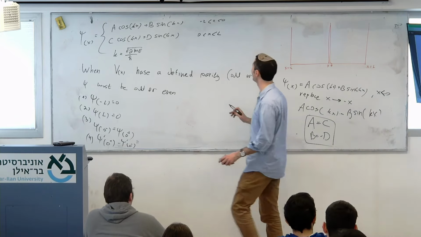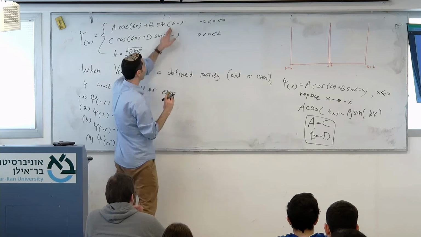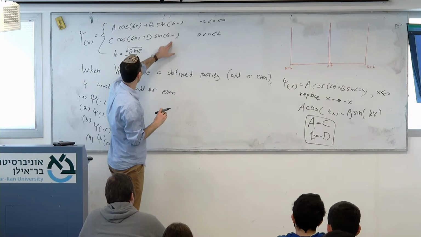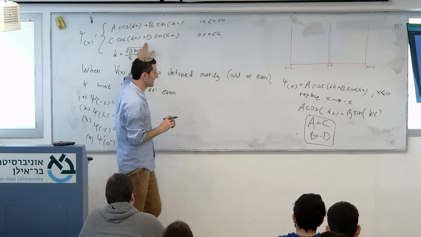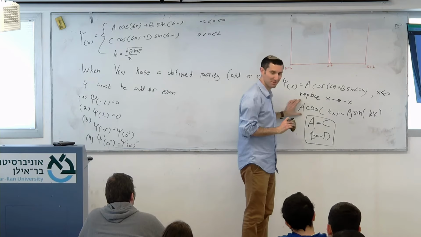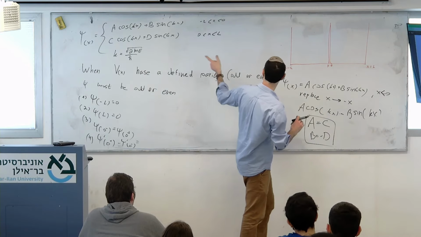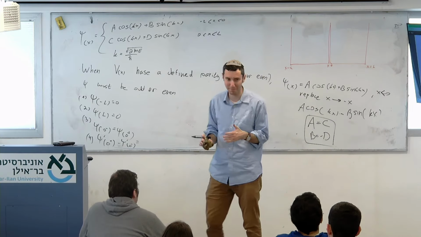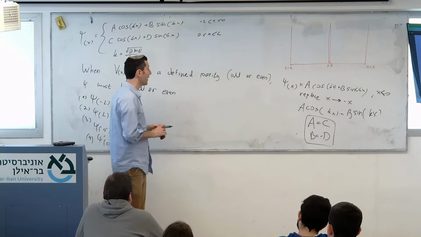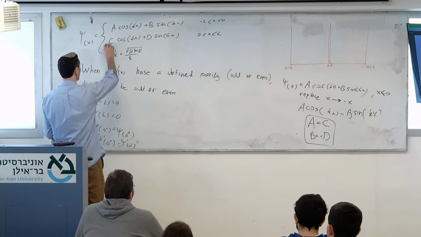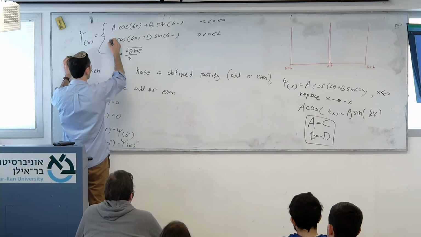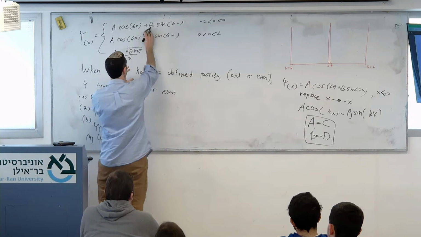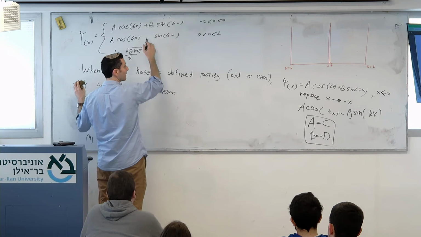I took this thing, and then I flipped x with minus x. I'm supposed to get C cosine plus D sine. C cosine, so A is C. I'm supposed to get plus D sine, I got a minus B sine. So D must equal minus B. Okay, let's write it here then. I got here A, and here I got minus B.